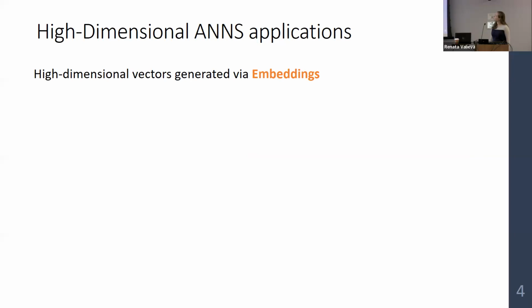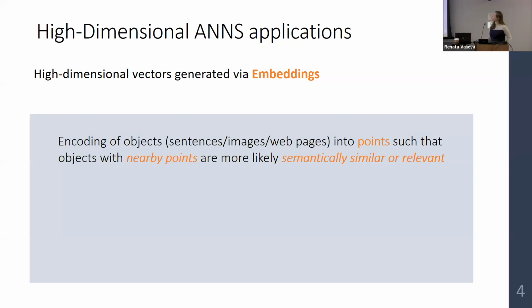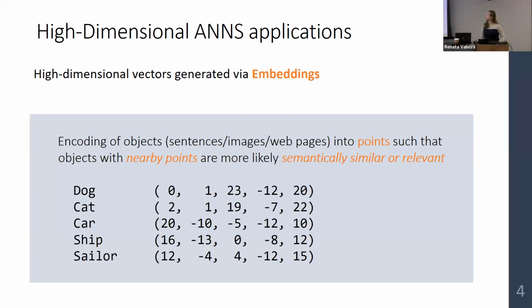On the other hand, in high dimensional ANNS, we're usually dealing with high dimensional vectors that are generated via embeddings from some sort of machine learning model. We're encoding objects into points such that objects with nearby points are more likely to be similar to each other, based on some intuitive sense. To give you an idea, here I've shown some embeddings representing common nouns: dog, cat, car, ship, sailor, as 5-dimensional embeddings.